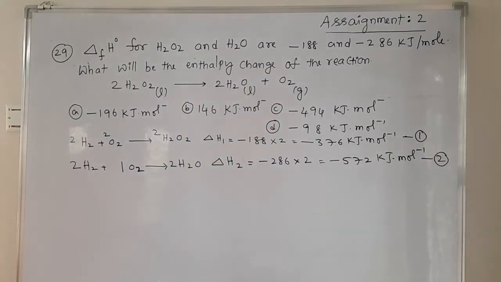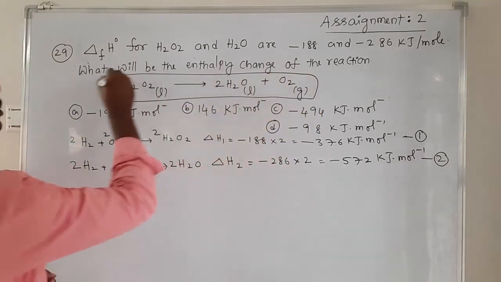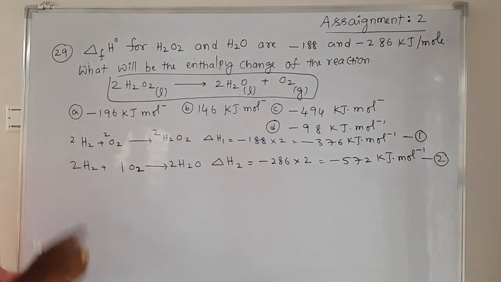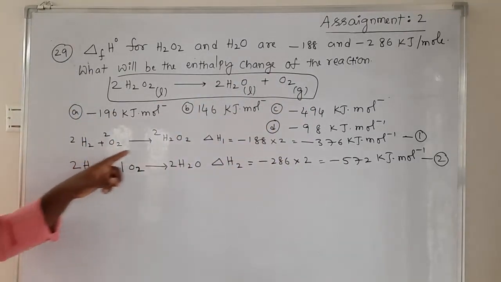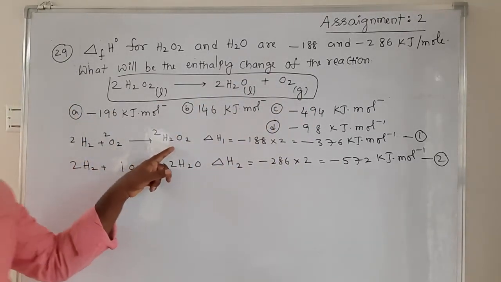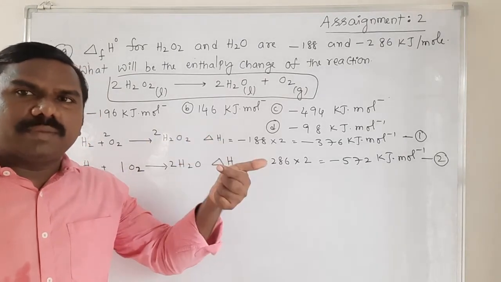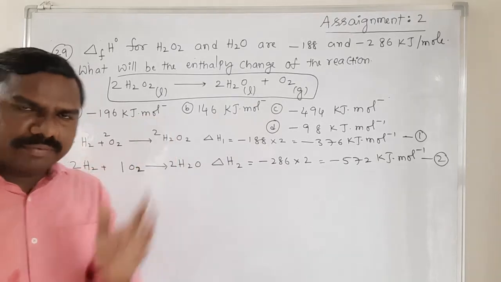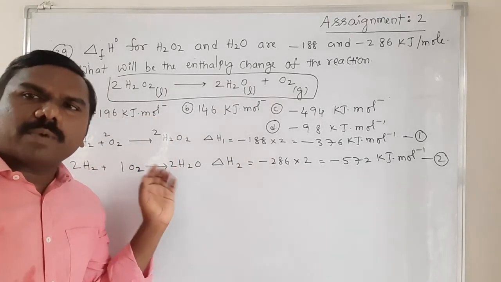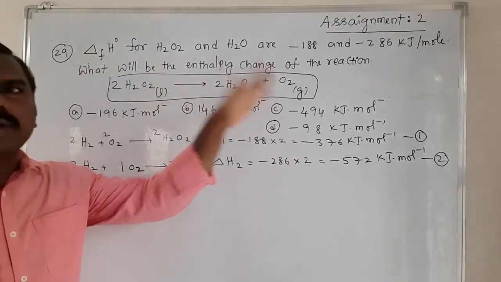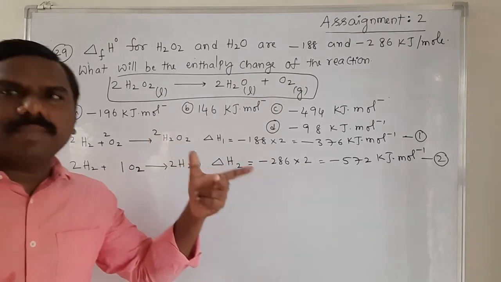Right? In this equation, observe carefully. H2O2 is on the reactant side, water on the product side. In equation 1, H2O2 is on the reactant side, so it should be flipped. Getting, all of you? The second equation should stay the same because H2O is on the product side, but the first equation is flipped.